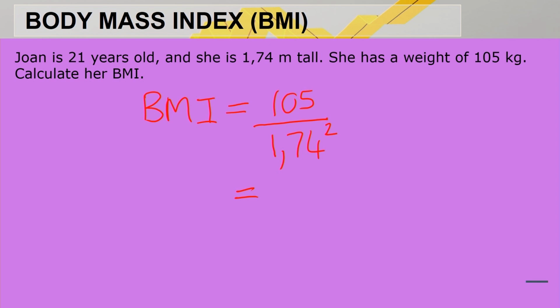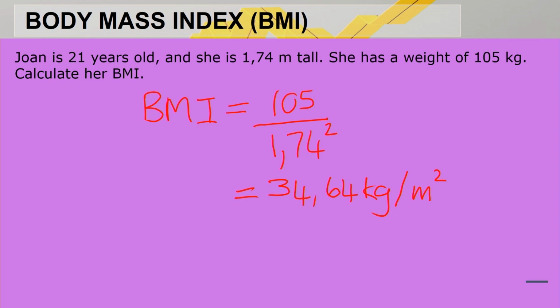And that is then going to be, if we put it into our calculators, 34.64 kilograms per meter squared, meaning she is obese.